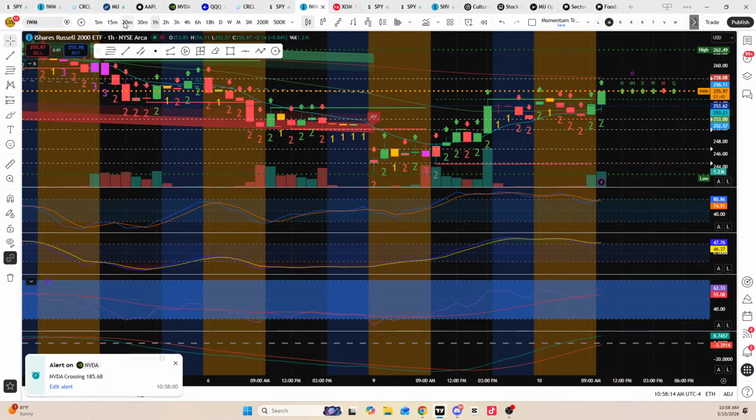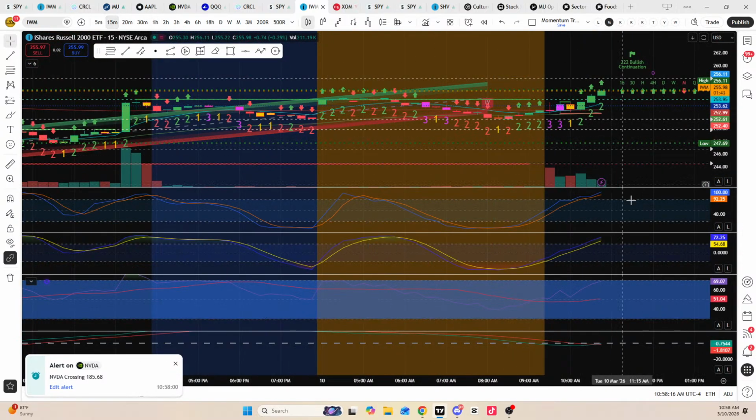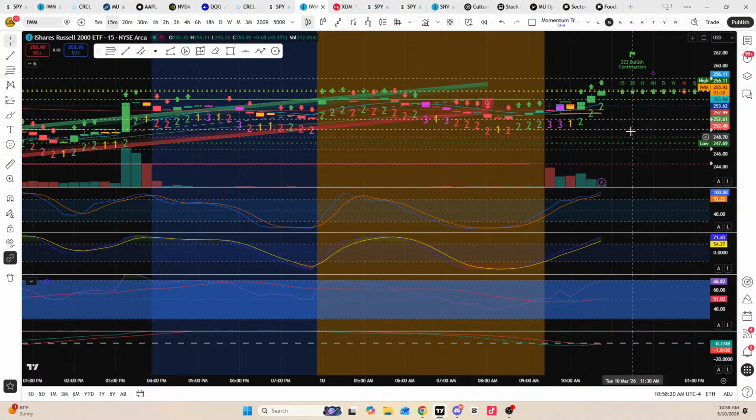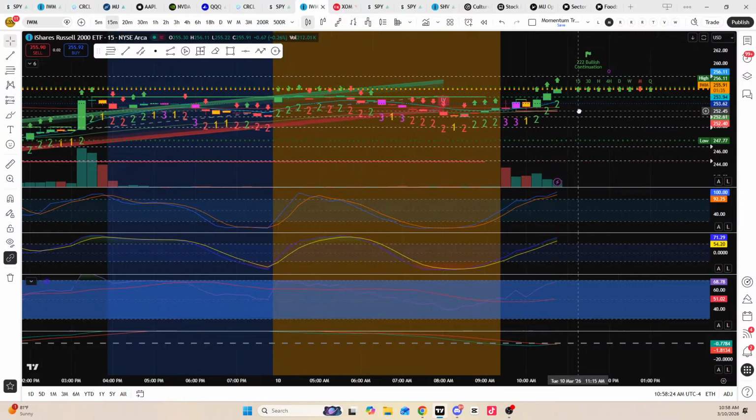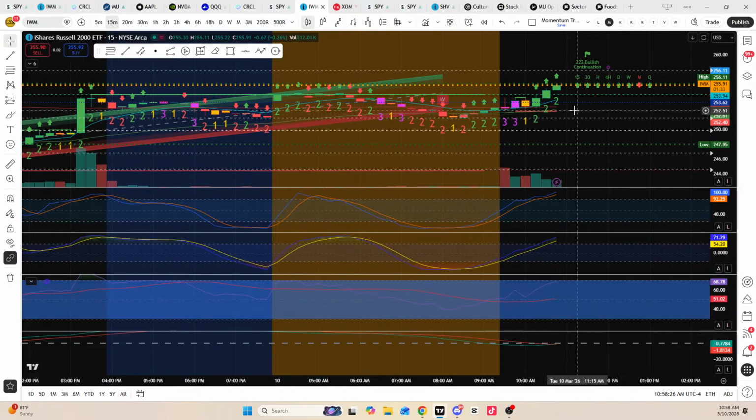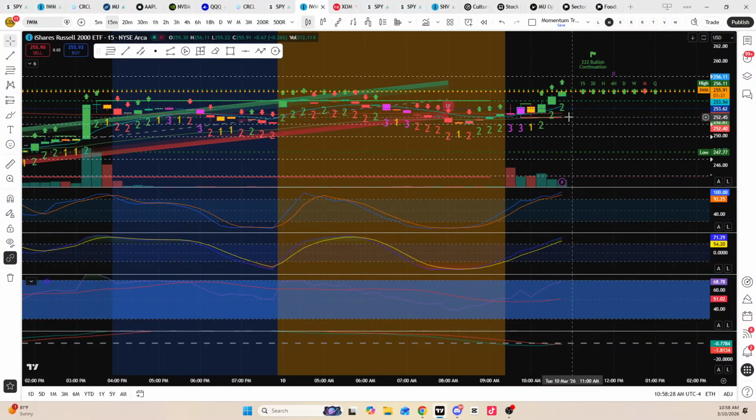And then the same thing with the IWM. Wait for that momentum to slow down a little bit, because it's a little hot right now. Don't want to get caught in some kind of pullback. And we'll probably be dollar cost averaging on those calls for the next push up, for the next leg up that it's going to take.